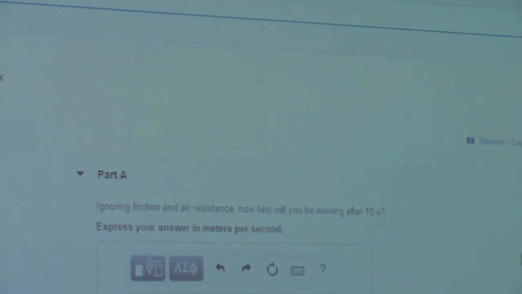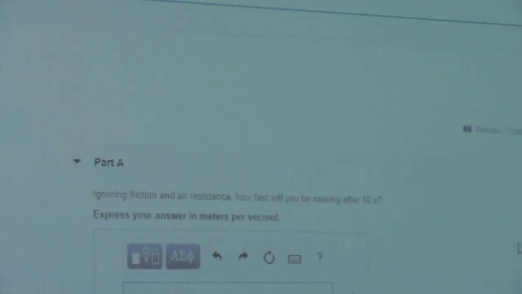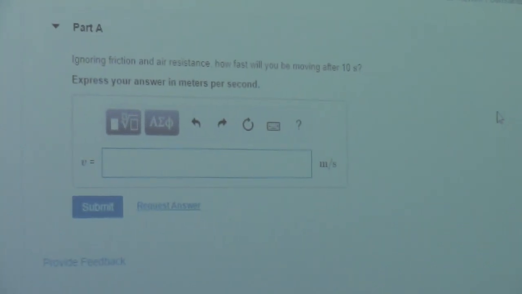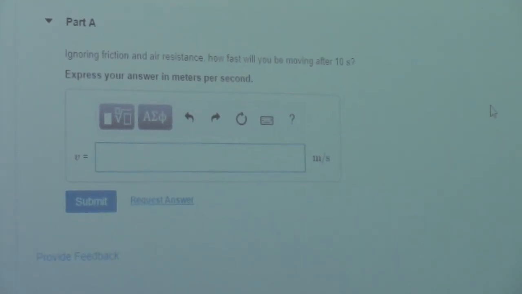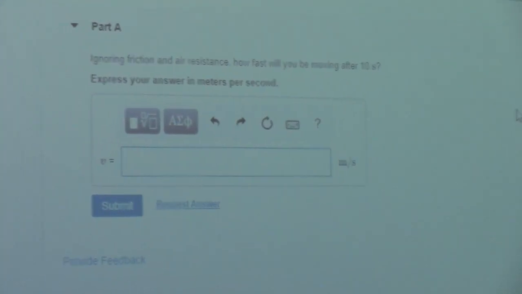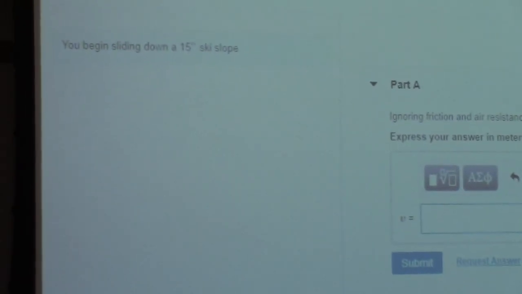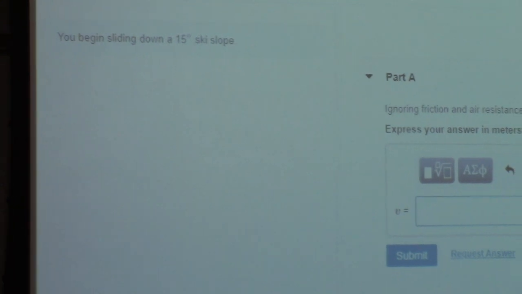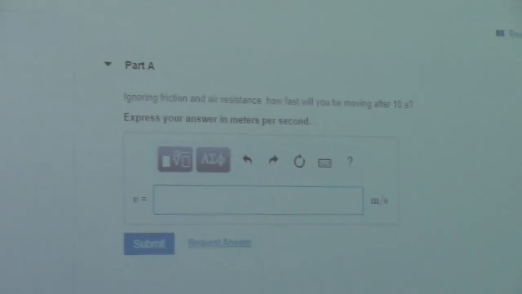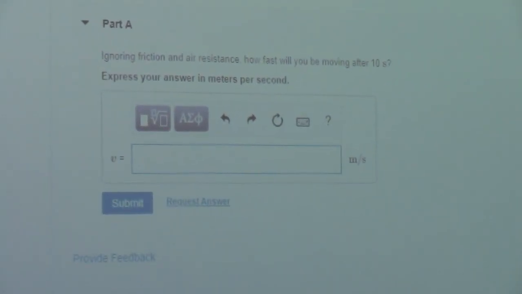So this one is kind of like the Wilmette ski problem that we saw last time. You begin sliding down a 15-degree ski slope, just like the diagram that you just had. Ignoring friction and air resistance, how fast will you be moving after 10 seconds? Let me write this down.